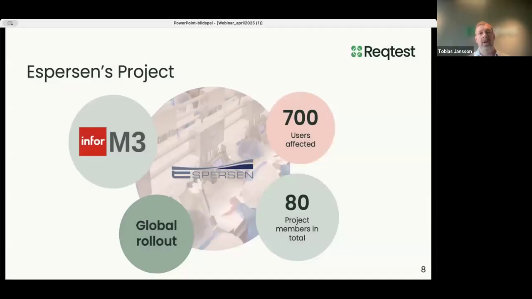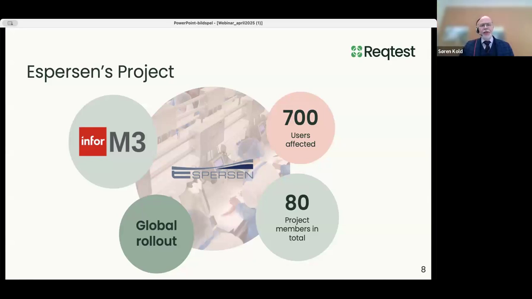And if we jump into the specific project, before you mention a bit about the actual project, did you see any specific challenges for this particular one regarding organization or the system implemented or the industry as a whole?